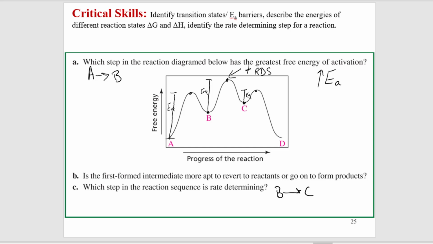That's the highest energy peak in the whole diagram. So that's going to be the toughest one, because I have to put that much energy into the whole system in order to get over that hump. But there's my bottleneck. Okay, let's go back to B. Is the first formed intermediate more apt to revert to reactants or go on to form products?